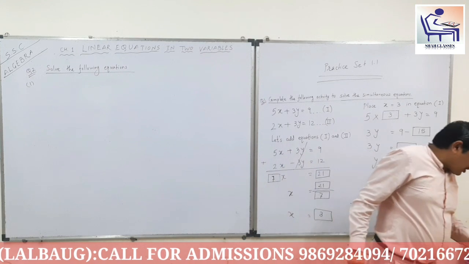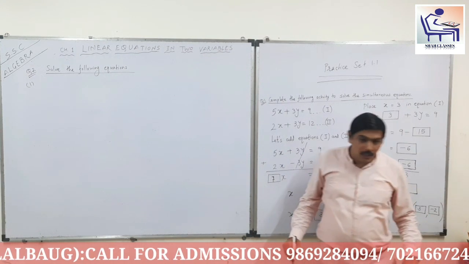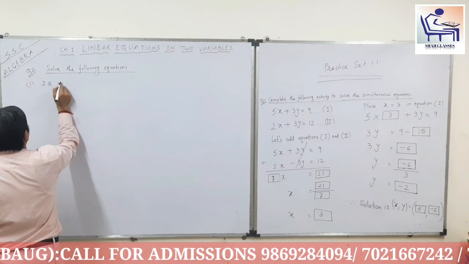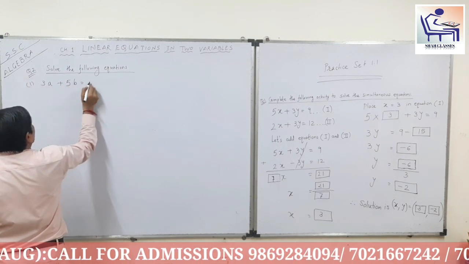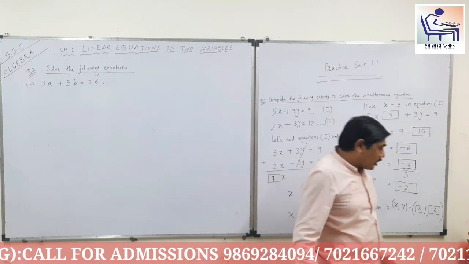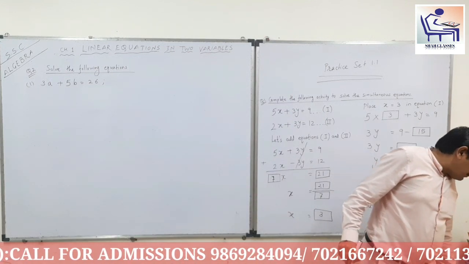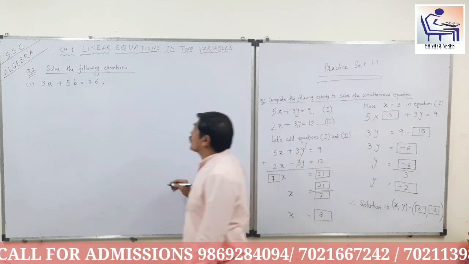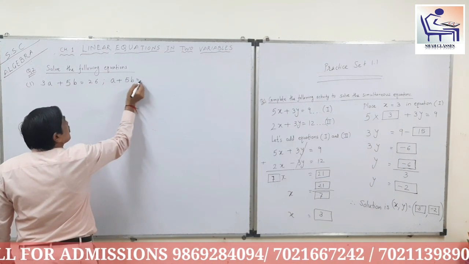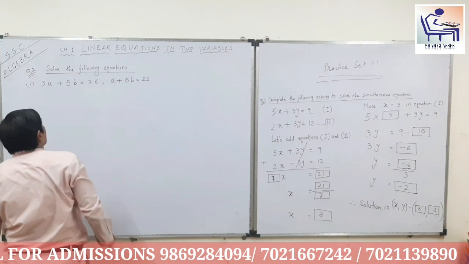What is the first question? 3a plus 5b is equal to 26. And the second equation is a plus 5b is equal to 22.